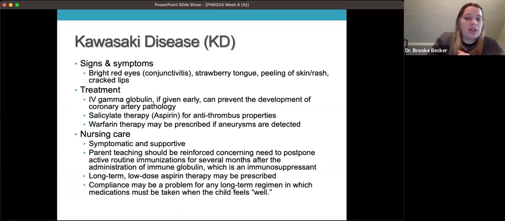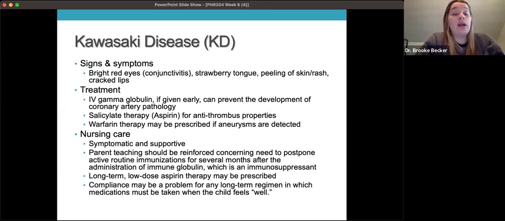Treatment for Kawasaki's disease is IV gamma globulin or IVIG, okay? Your concern is that you're going to have coronary artery problems, typically dilation, increased coronary artery pathology. So as long as the IVIG is given very quickly, then you don't necessarily see the long-term effects of there being coronary artery pathologies.